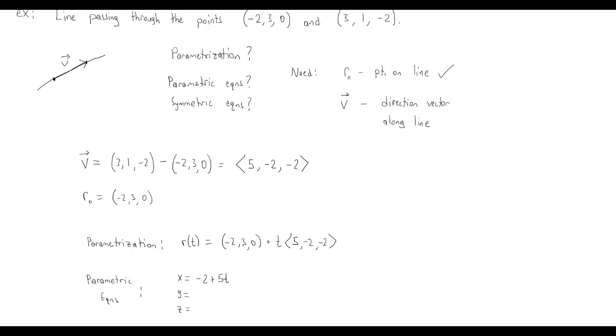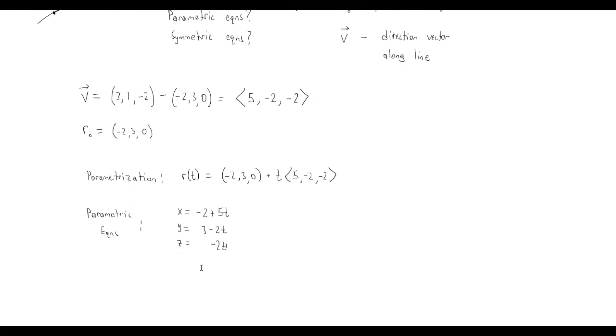And then y is 3 minus 2t. And then z is 0 minus 2t. Okay. Alright.